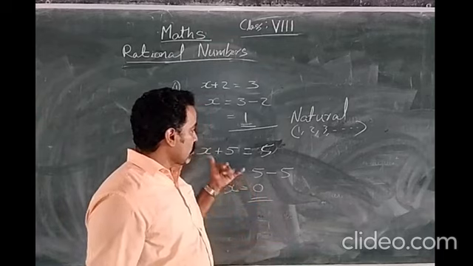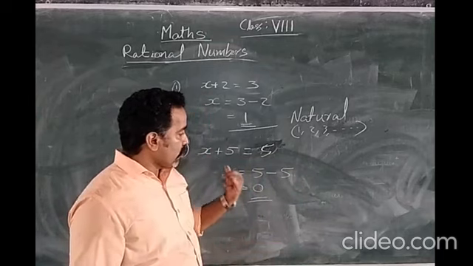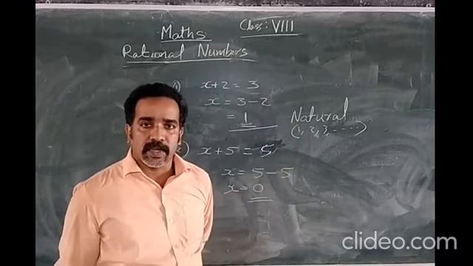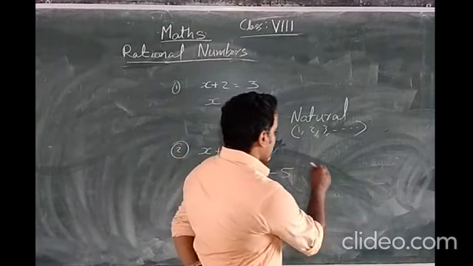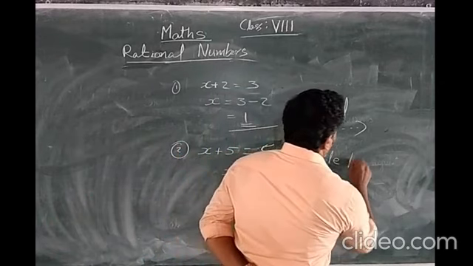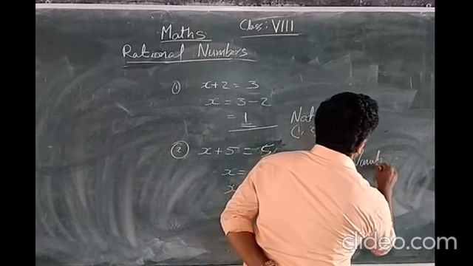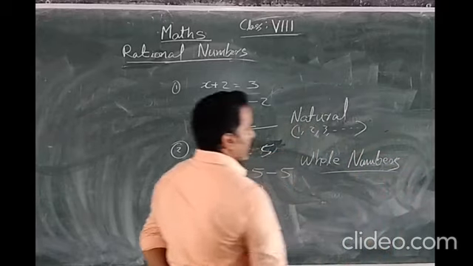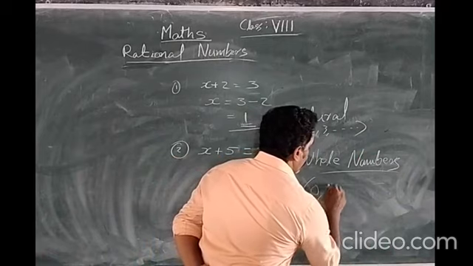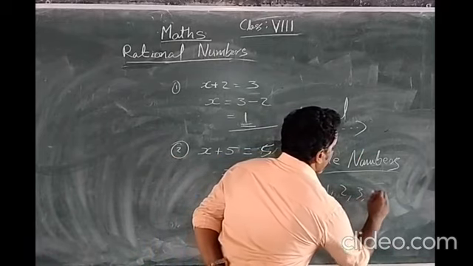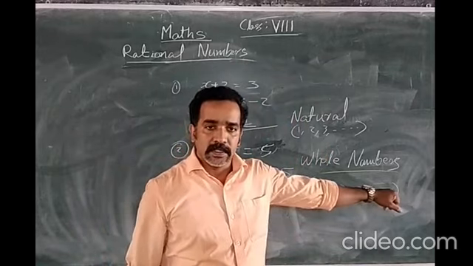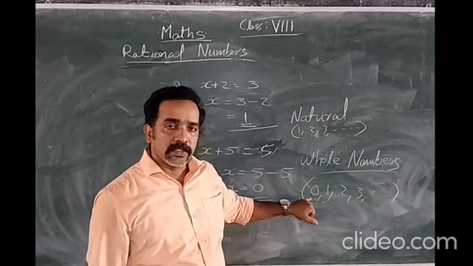When x is 0, this equation is satisfied. So we need 0. Whole numbers are 0, 1, 2, 3, etc. The biggest whole number is infinite and the smallest one is 0.